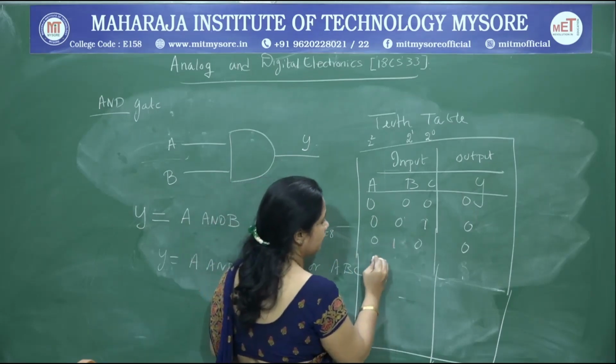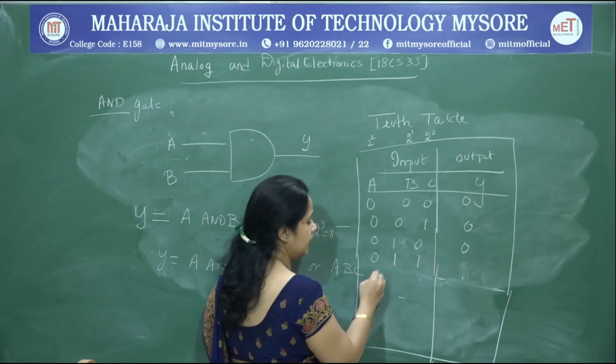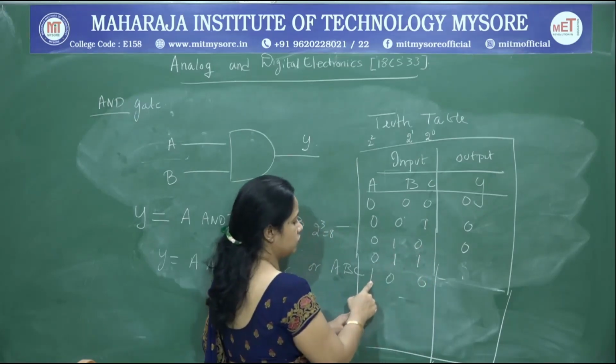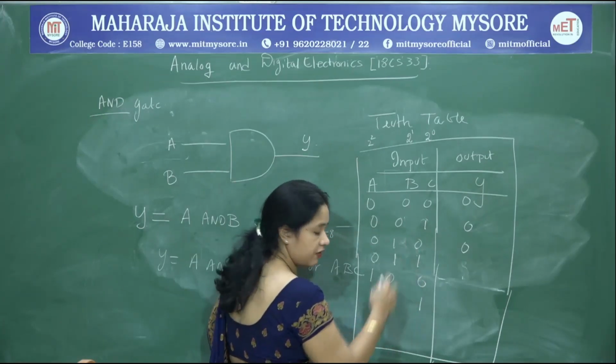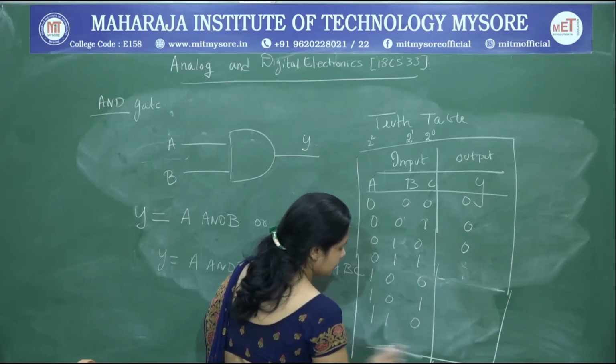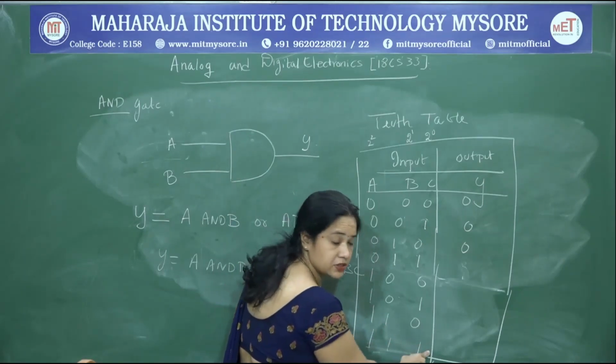So 0 1 1 is 3, 1 0 0 is 4, 1 0 1 is 4 plus 1, 5, 1 1 0 is 4 plus 2, 6, and 1 1 1 is 4 plus 2 plus 1, 7.